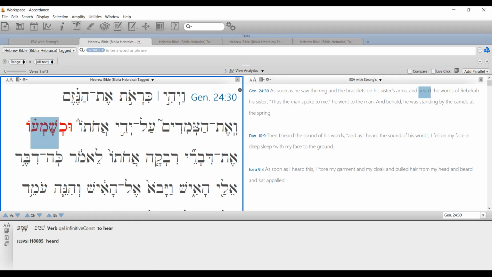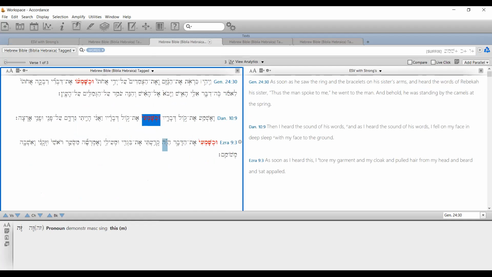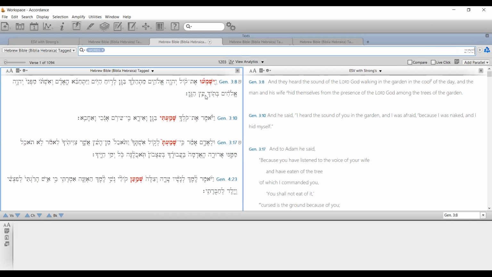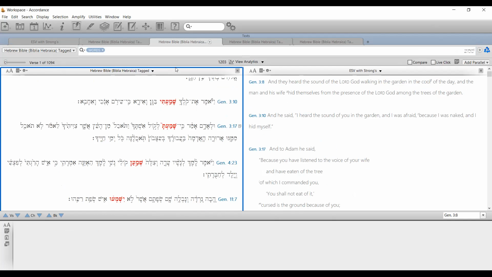It is supposed to look for the root Shama, and that is why I'm a little bit surprised, because you see it gives us many other things, like with suffix. Okay, so everything else. But if you just look for Shama, it will give us 1094 results when this word occurs in the Hebrew Bible. So yeah, this is the difference between them.